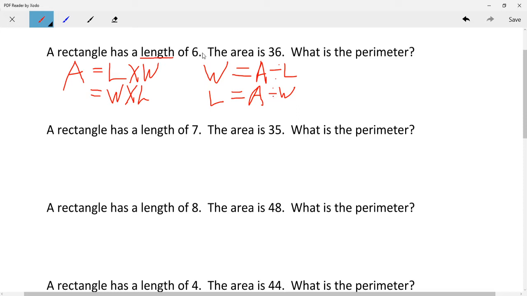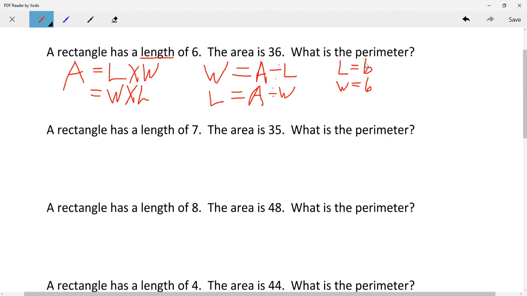So if they give you one dimension and the area, to find the other dimension, all you have to do is divide. So 36 divided by 6 equals 6. Okay, so now we know that the length equals 6 and the width equals 6. So it is a square.